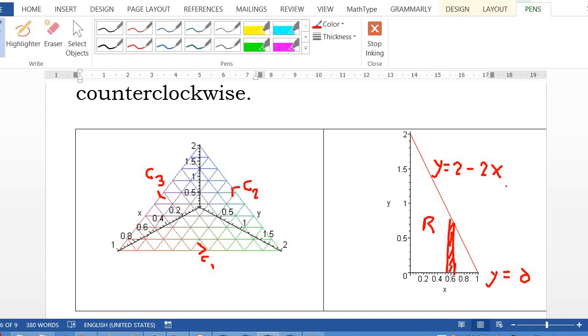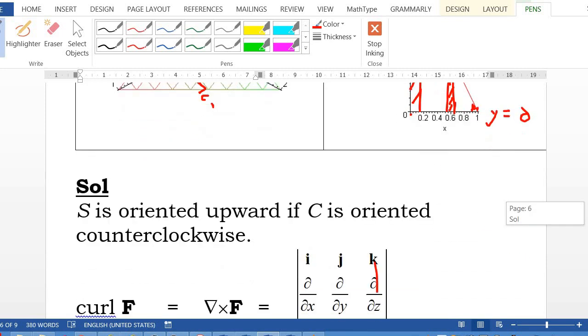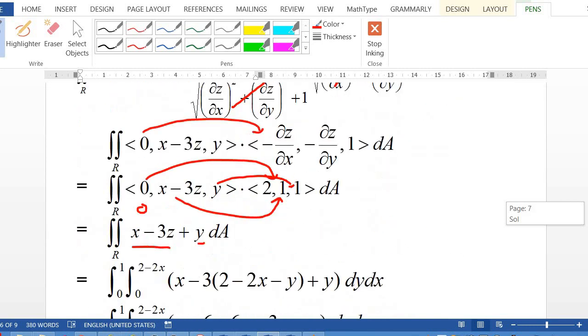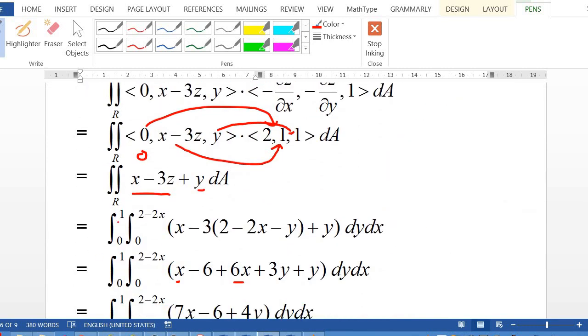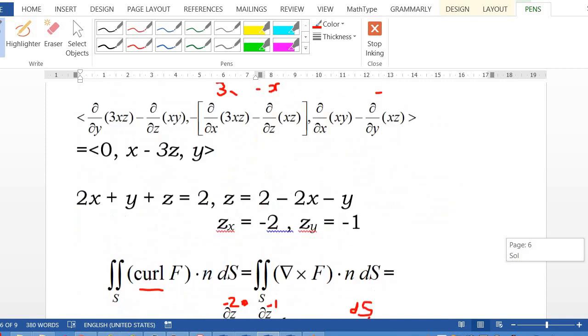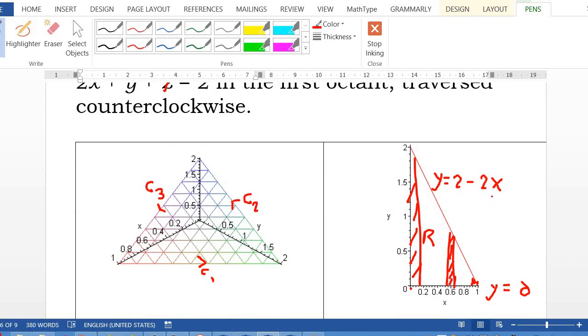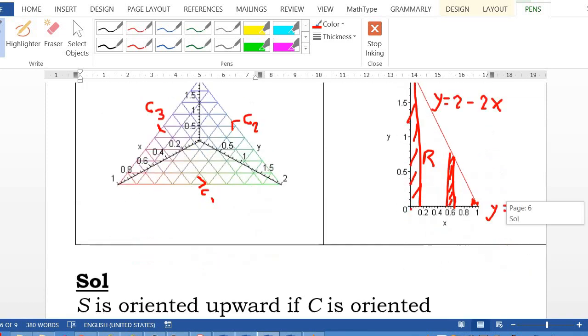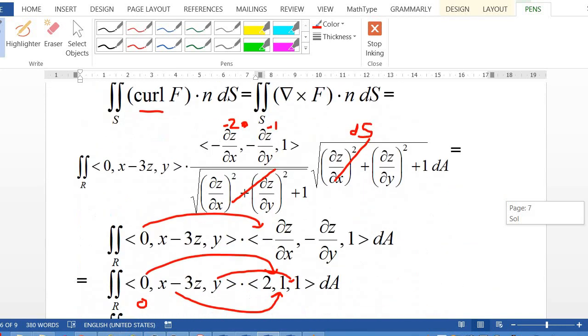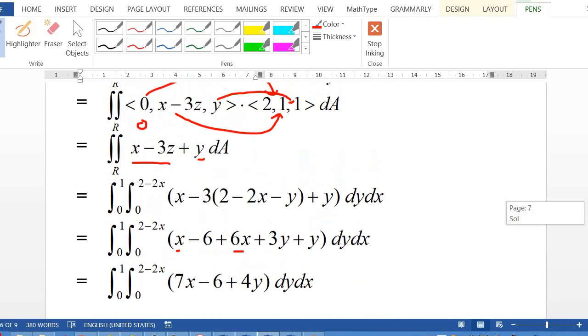So this is the lower limit of y, this is the upper limit of y, and you're going to sum your vertical bars from the left side, which starts x equal to 0, until the right side, which is x equal to 1. That's why your limits are x from 0 to 1, y from 0 to 2 minus 2x. Now it becomes a problem of double integral in Cartesian coordinates.